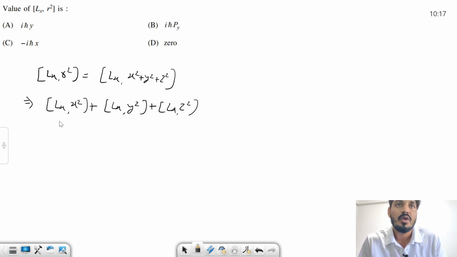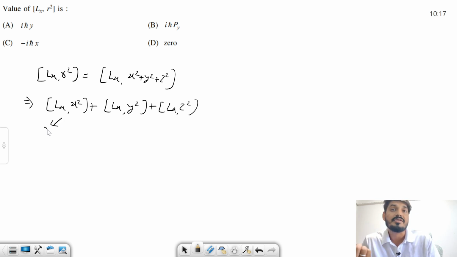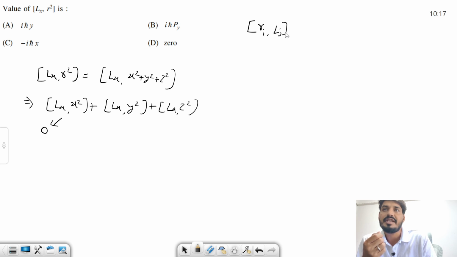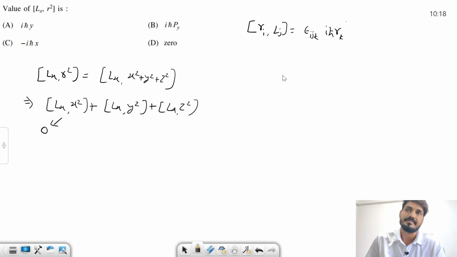Now see, what is this LX with X square? This is always 0. How to do this? You have to remember a formula: the commutation of any Ri with Lj is always epsilon ijk iota h cut Rk. Just remember this thing.